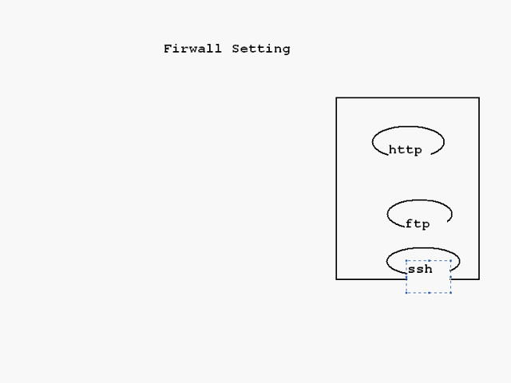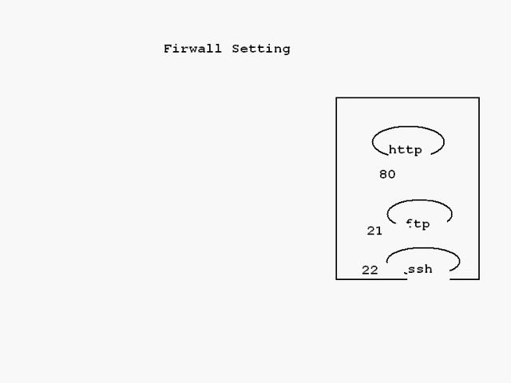So these are the three programs that are running on this server. Based on our networking knowledge, we know that the HTTP server runs on port number 80, the FTP server runs on port number 21, and SSH runs on port number 22. These are the port numbers for these various servers.